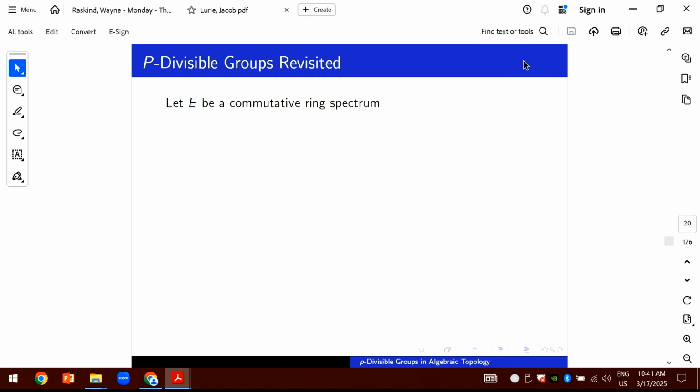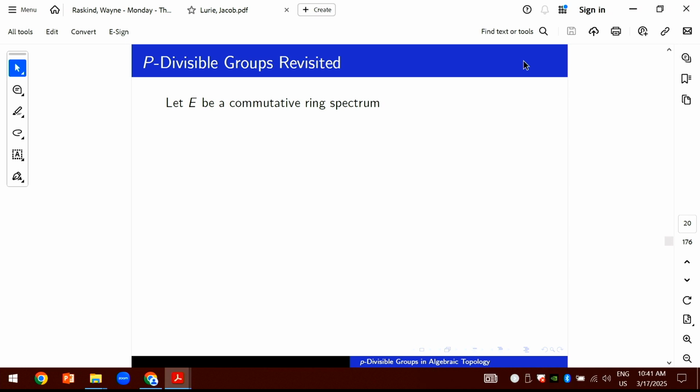So let me give a definition. Let E be a commutative ring spectrum. This is a notion in algebraic topology of a cohomology theory that has a good ring structure. I'm not going to give a definition of this here, but a theme in algebraic topology over the last few decades has been taking seriously the idea that cohomology theories with a good ring structure really behave like commutative rings, and you can do the kinds of things that you do with commutative rings for these objects.